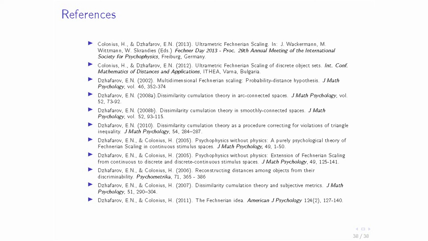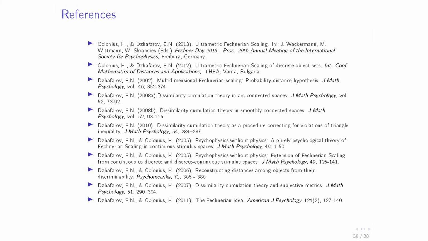Then these are the papers on the arc-connected spaces, smoothly connected spaces, and this is the paper on the triangle inequality. This is the earlier approach, which I didn't really go into because I didn't have time, the theory of psychophysics without physics in the general infinite case.